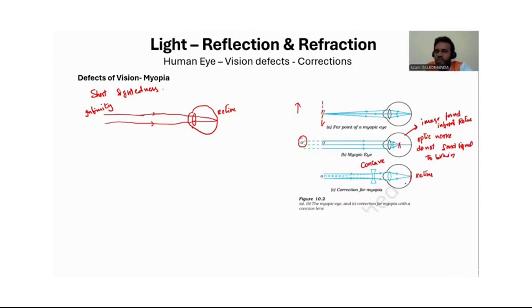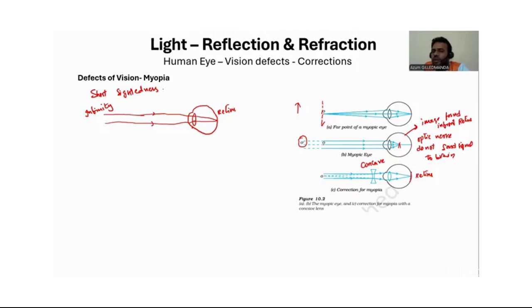You understood? With the help of the concave lens, we are changing the direction of the light that falls onto the eye and enters the eye lens. The direction or angle at which these light rays enter the eye lens will ensure that they form the image on the retina. So that's the correction.